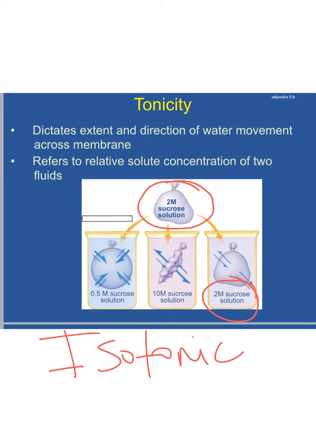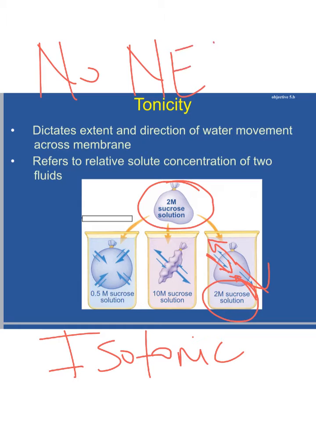We do. The same amount of water that goes into the bag is going to go out of the bag. So there's going to be no net movement, but there is movement. Water's going into the bag, water's going out of the bag at the same rate and to the same extent.